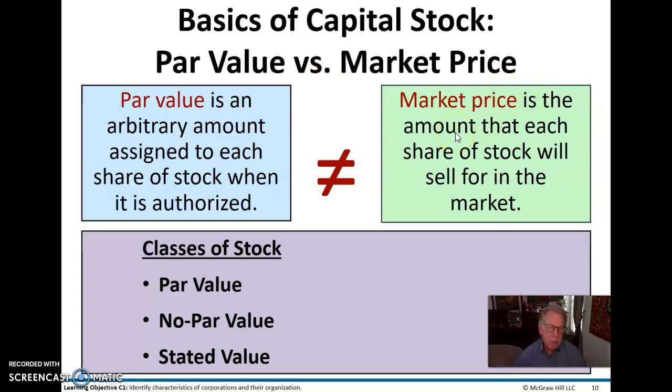Almost all the big newspapers publish a financial section that has that data. Par value is just an arbitrary amount, almost meaningless, honestly, assigned to each share of stock when it is authorized. Okay, so we have three classes of stock: par value stock, no par value stock, and stated value stock.